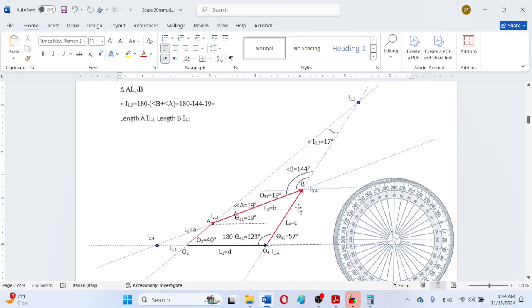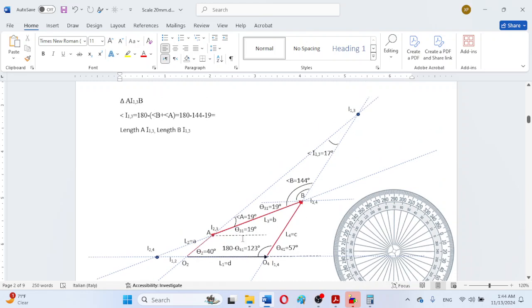Actually the reason is that the instant center 2,4 is not directly involving link number 3, which is in complex motion.